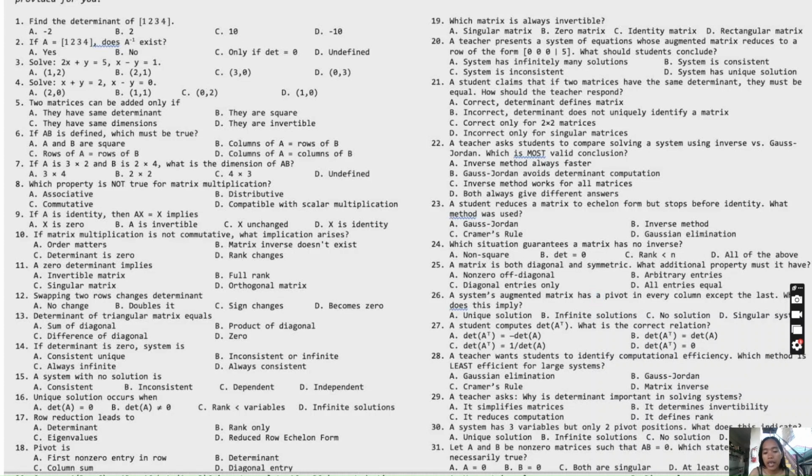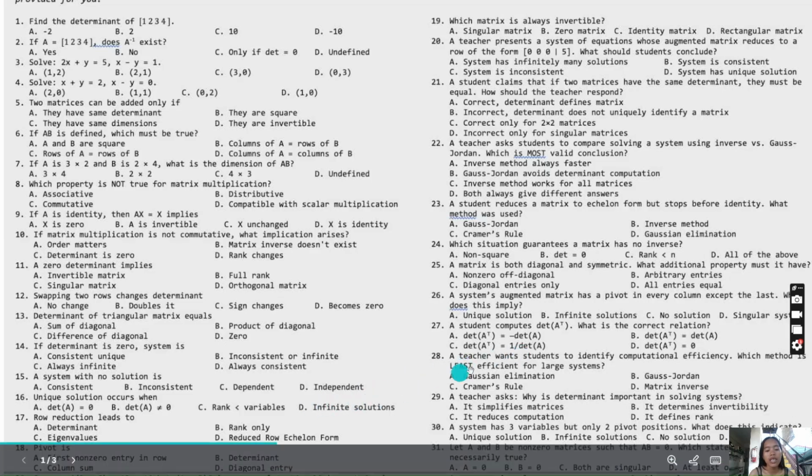For number 25, a matrix is both diagonal and symmetric. What additional property must it have? Our answer is letter C, diagonal entries only, because a diagonal matrix means that all entries outside the main diagonal are zero. A symmetric matrix means A is equal to A transpose.